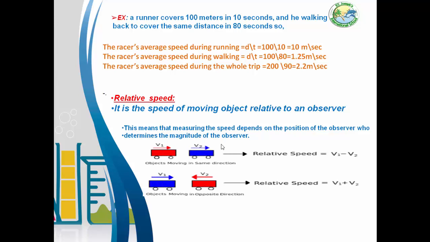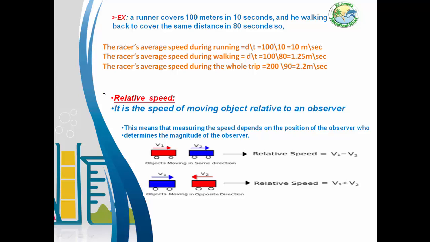Let's see. If the observer is at rest, in this case the relative speed equals the real speed of the object. It means if the observer is at rest, he will see that the speed of the moving object is the real speed.